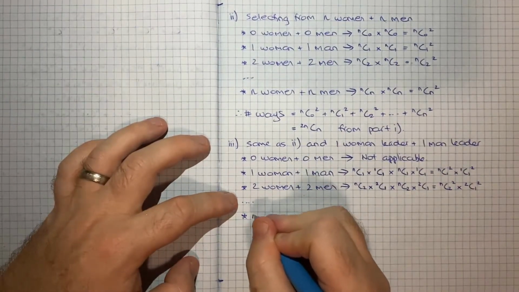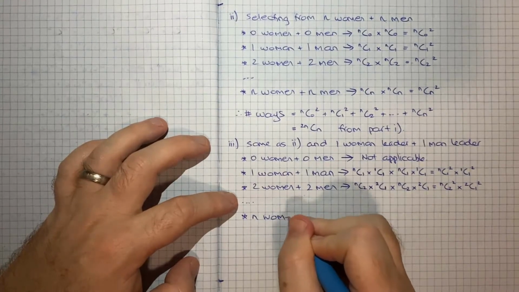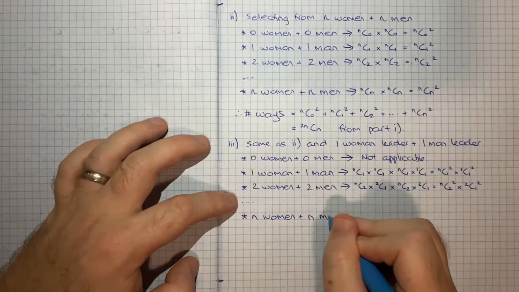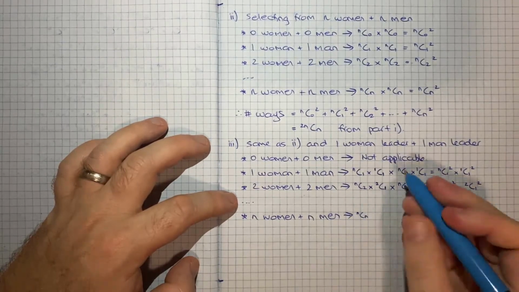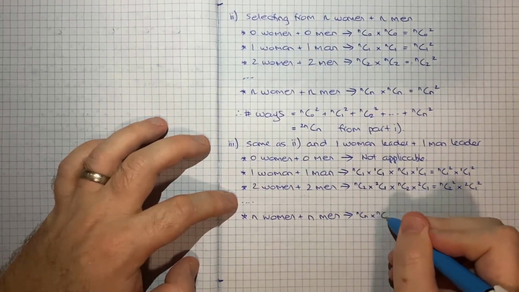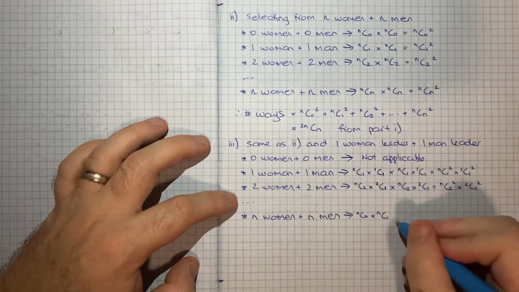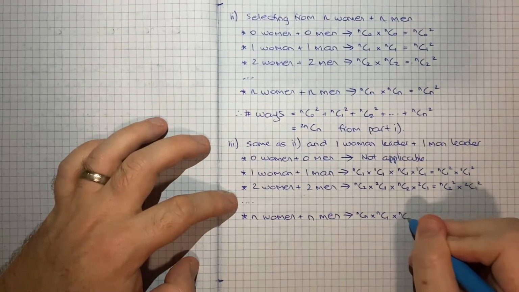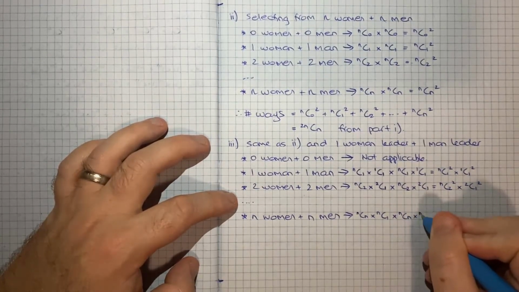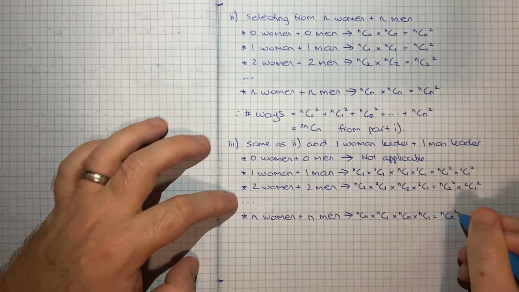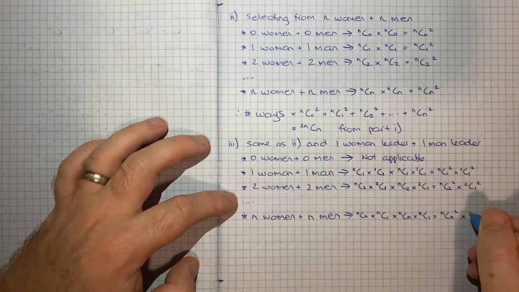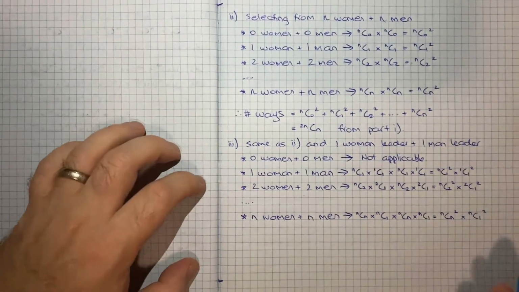So if we have n women and n men, we'll have nCn ways to pick the women times nC1 ways to pick the leader. And then for the men, nCn ways, and then nC1 ways to pick the leader. So that can be written as nCn squared times nC1 squared.